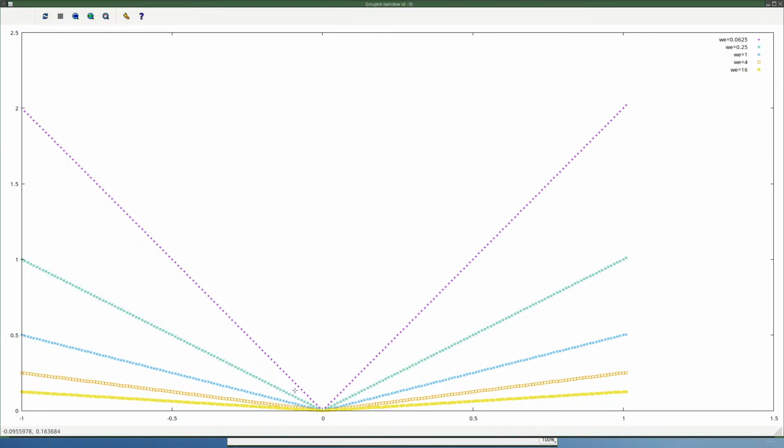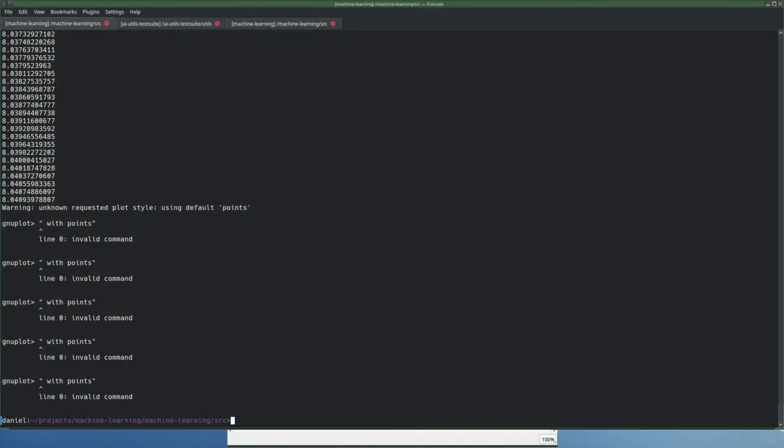But this in itself is the square root. So if I divide this number by WE, it's probably as easy as it sounds.